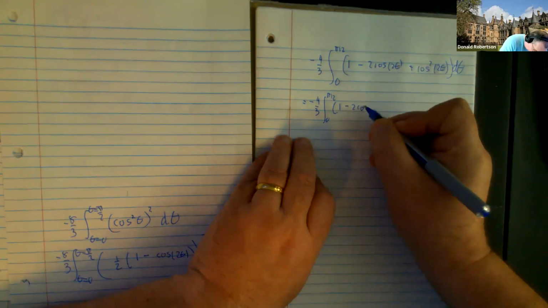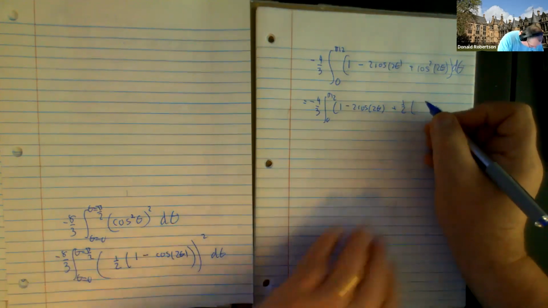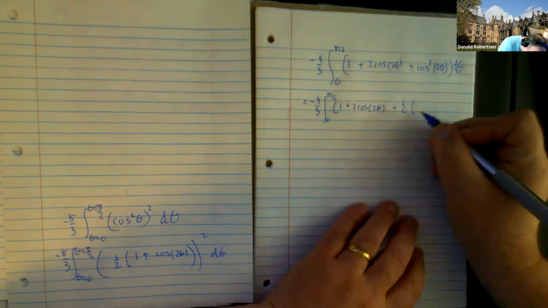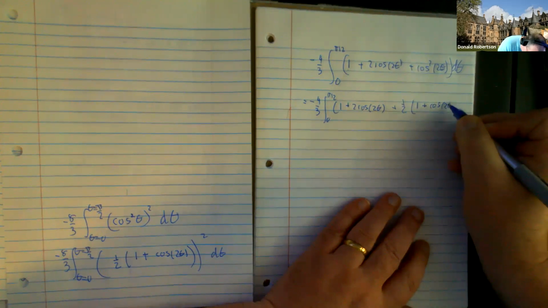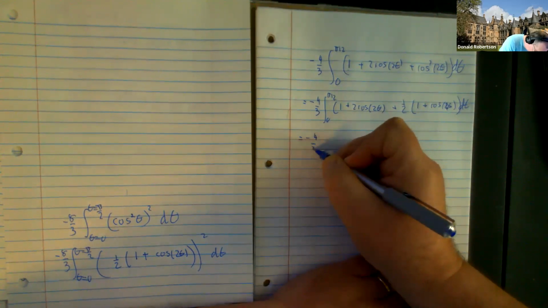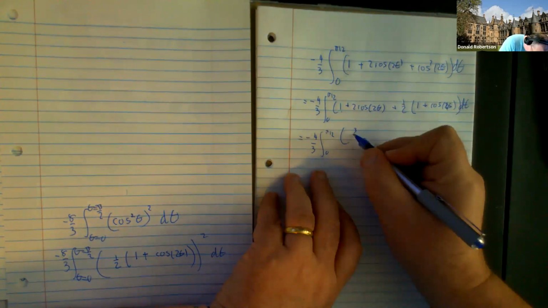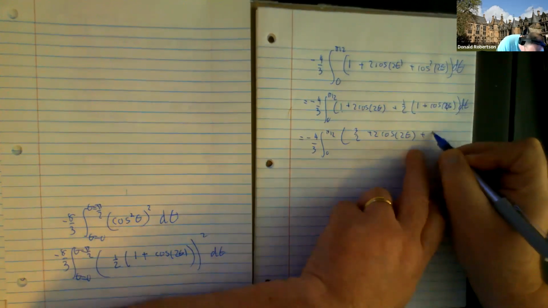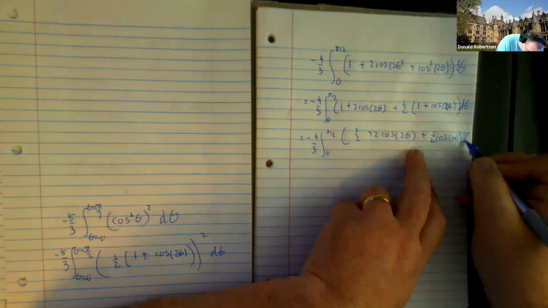This is going to be 1/2. I said 1 minus, it should be 1 plus, not a big deal. And this is going to be 1/2 (1 plus cosine of 2 times 2, so that's 4 theta) d theta. One plus 1/2 is 3/2, then 2 cosine of 2 theta plus 1/2 cosine of 4 theta d theta.